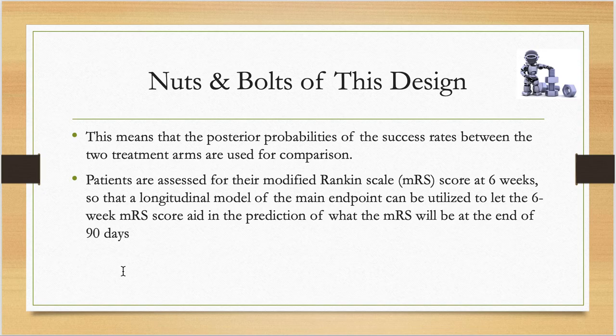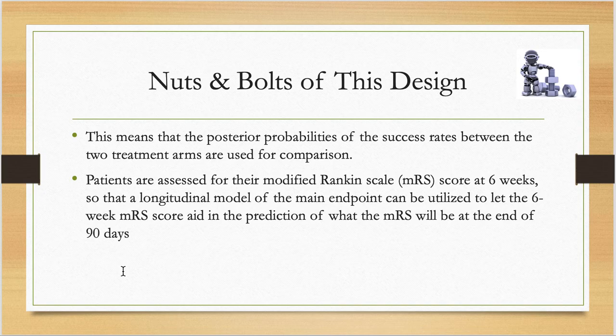So the nuts and bolts of this design, and this means that the Bayesian statistics, as we all recall, we have to view the posterior probabilities of the success rates between the two treatment arms and then compare them.